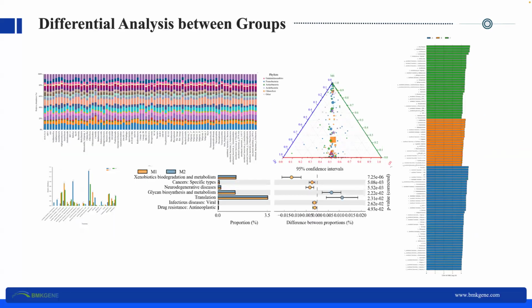For differential analysis between groups, if you have group settings, BMKCloud can provide differential analysis results between groups, such as analysis of variance, a diagram, or functional gene prediction. You can try this function by yourself.